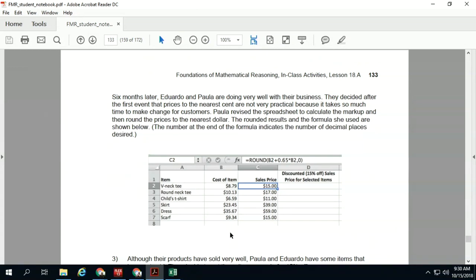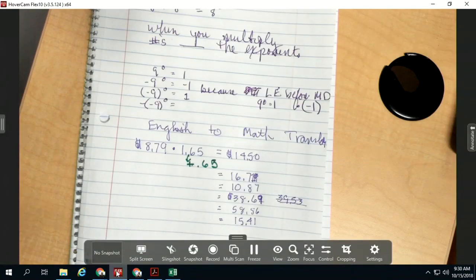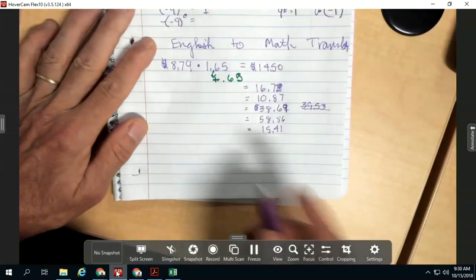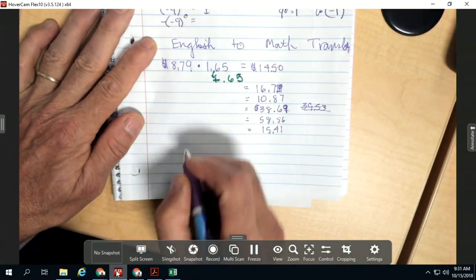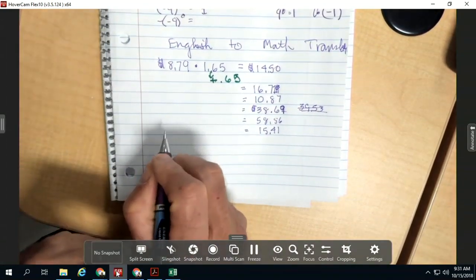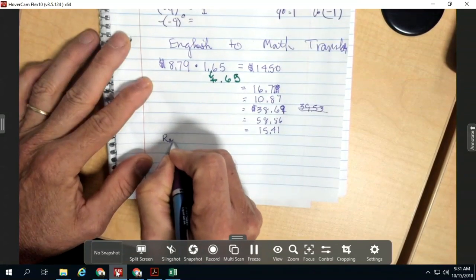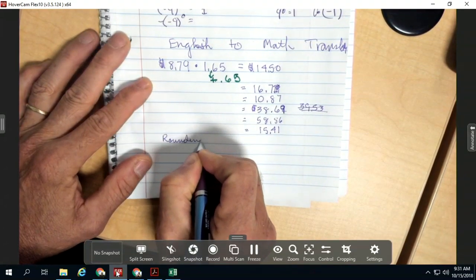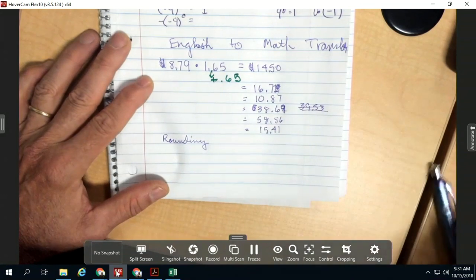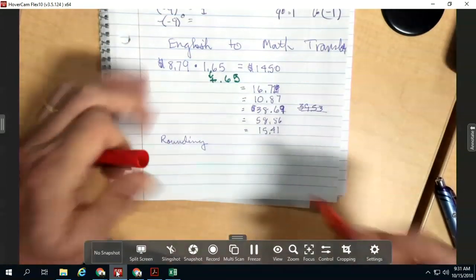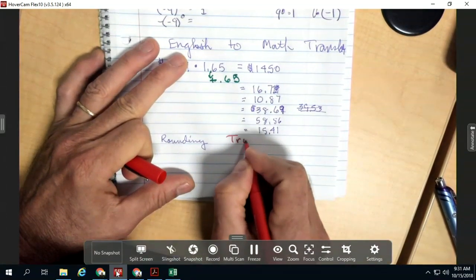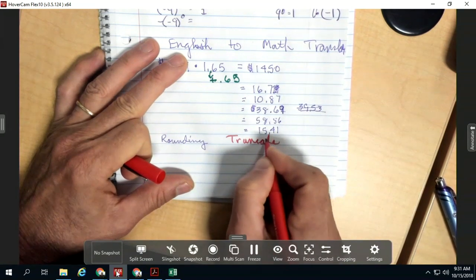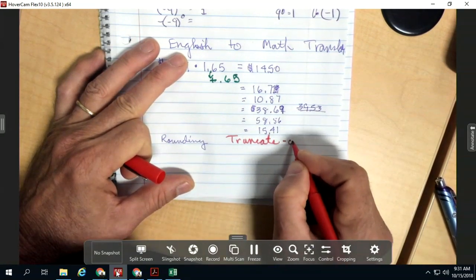Okay? So on our notes, I'm going to give you some rounding rules. One way of rounding is called truncate. Truncate means to cut off.